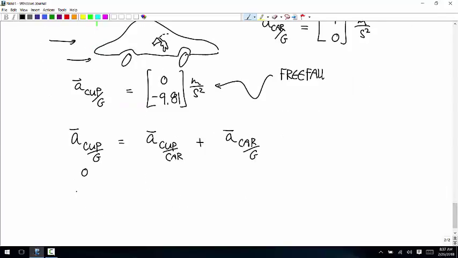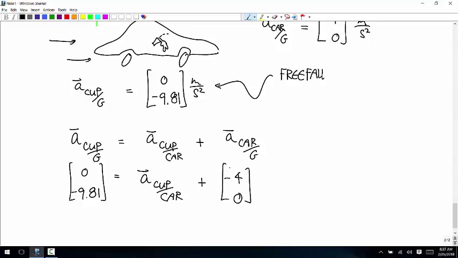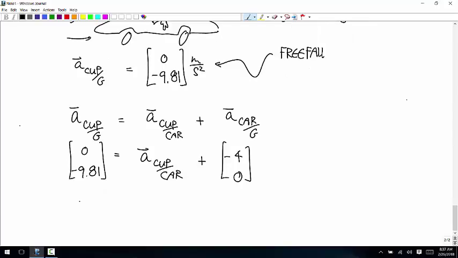So we have 0, negative 9.81 is equal to cup relative to the car, that's what we're trying to find, plus car relative to ground, negative 4, 0. Add this vector negative 4, 0 to both sides, and you get that the acceleration of the cup relative to the car is positive 4, negative 9.81.